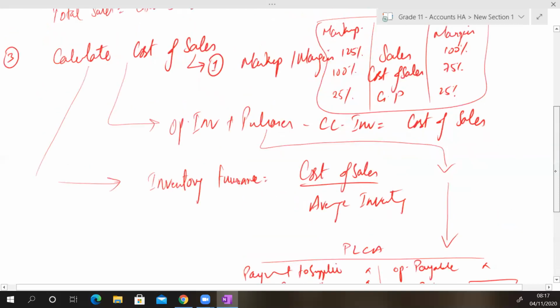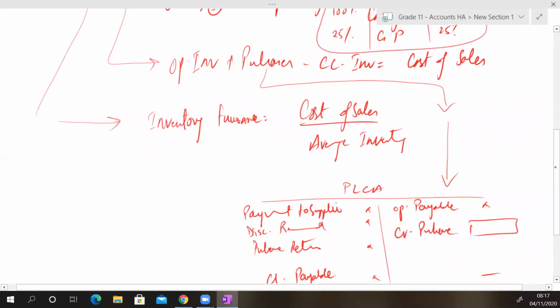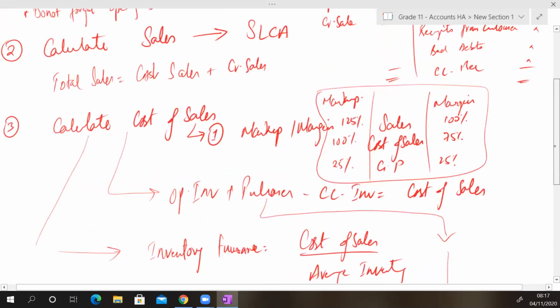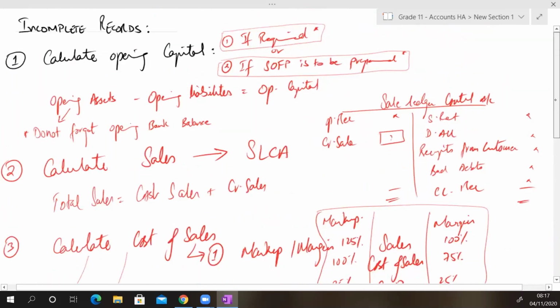By this, you will calculate purchases. So what I am trying to say is there is an incomplete set of information given to you. Using that, you will prepare relevant documents, accounts and ledgers, after which you will channelize all the information and prepare the income statement.